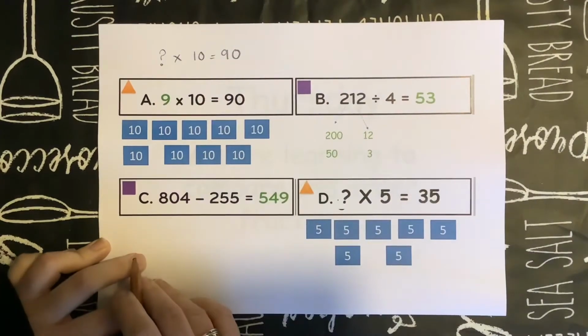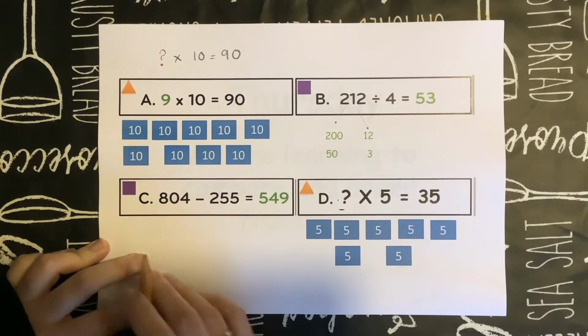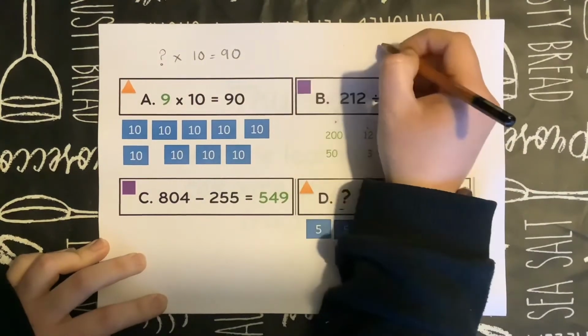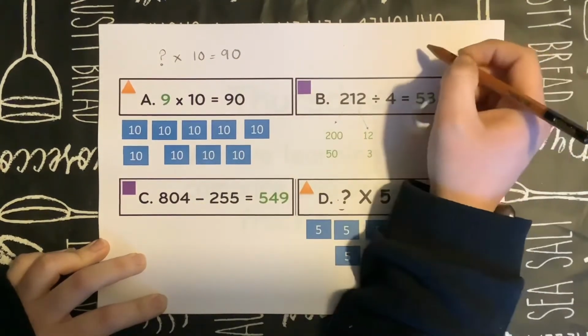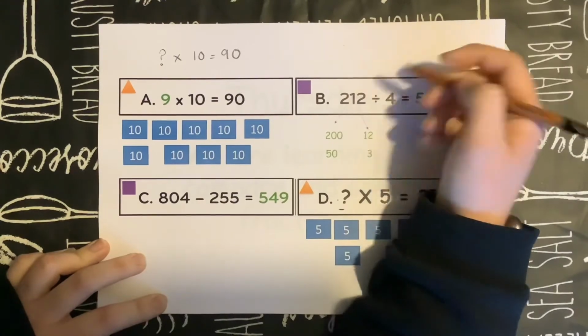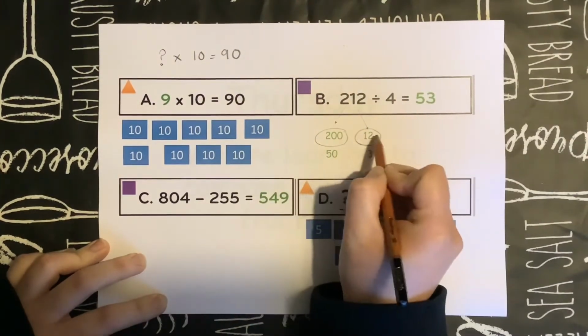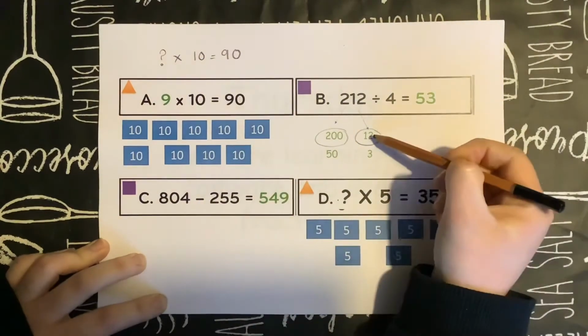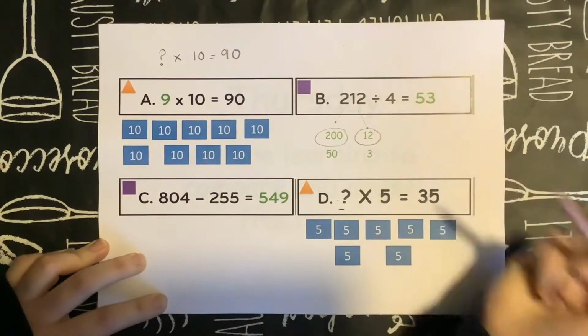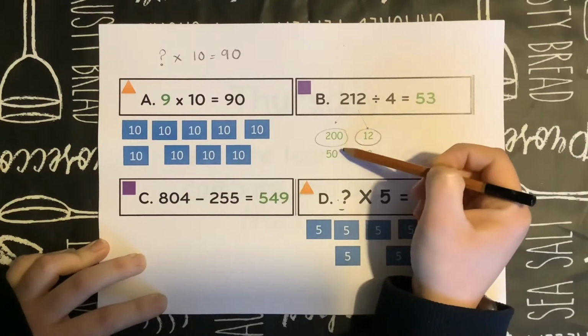Then here we've got 212 divided by 4. Normally I get you to partition into 200, 10 and 2, but the tricky thing with that is you can't divide 2 by 4. So what I've done is I've put my 10s and 1s together. I then did 12 divided by 4, which is 3, and 200 divided by 4 is 50.